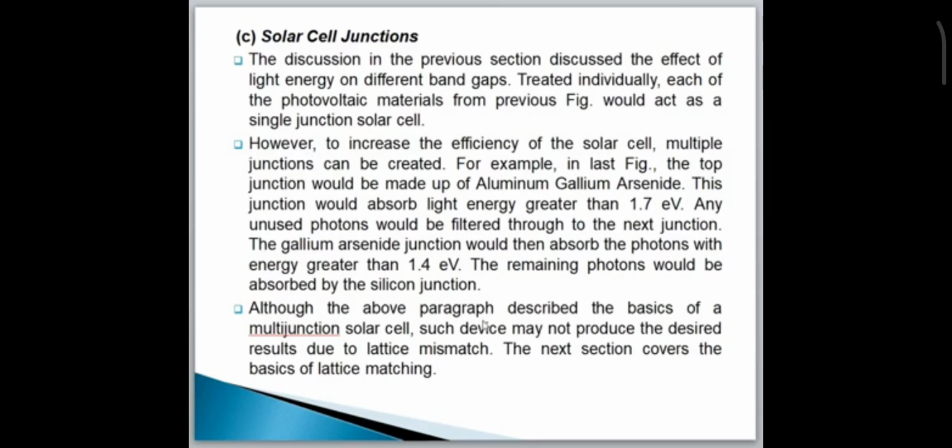Although the above paragraph describes the basics of a multi-junction solar cell, such a device may not produce the desired results due to lattice mismatch. The next section covers the basics of lattice mismatching. If you are using a 3-junction solar cell, then there is a problem of lattice mismatching. In the next slide, we will discuss how to remove the lattice mismatching problem in the multi-junction solar cell.